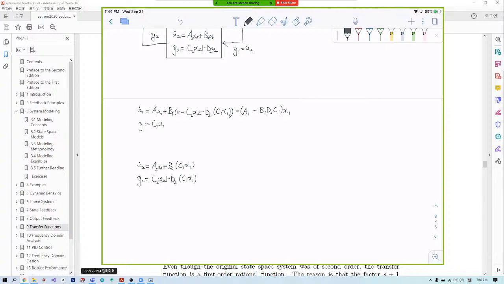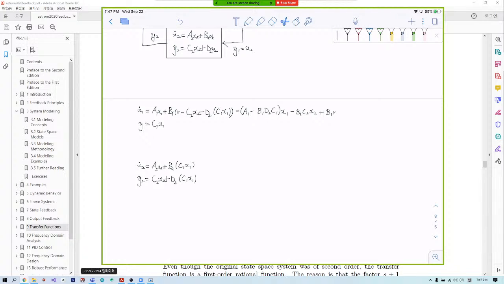We have negative B1 C2 x2. And we got this remaining B1 times r. Alright, yeah, we're ready to go.